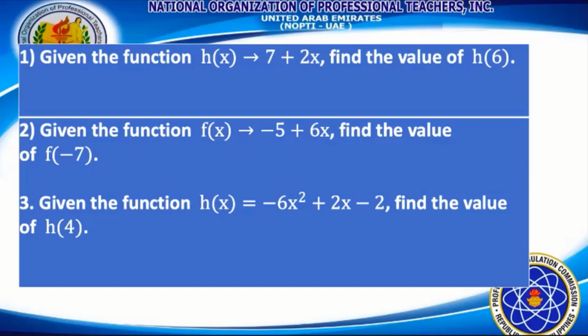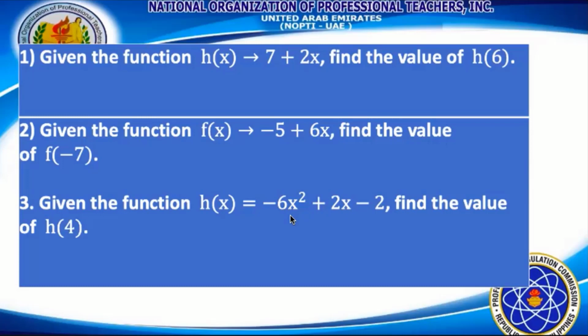Number 3. Anong answer? Given the function h of x is negative 6x squared plus 2x minus 2, find the value of the function if that x is equal to 4. So, substitute mo lang yung 4 dito, tsaka dito.